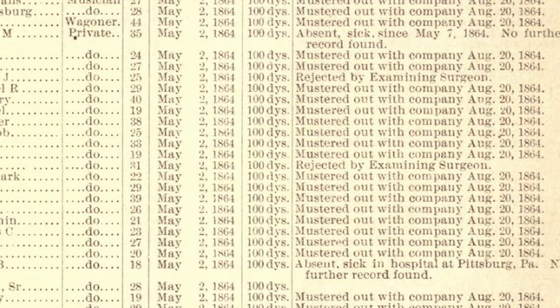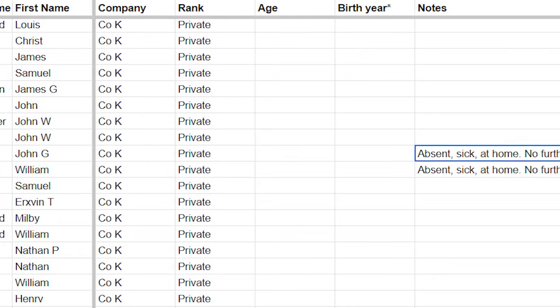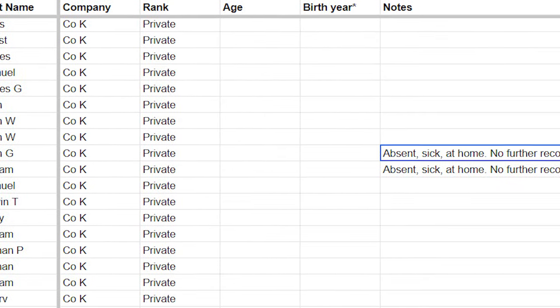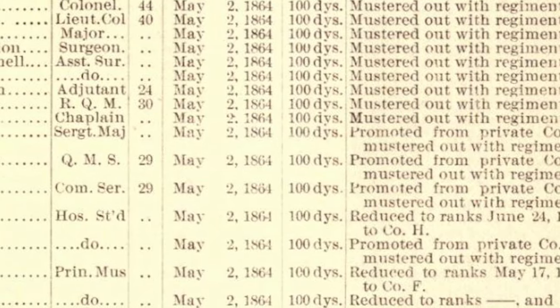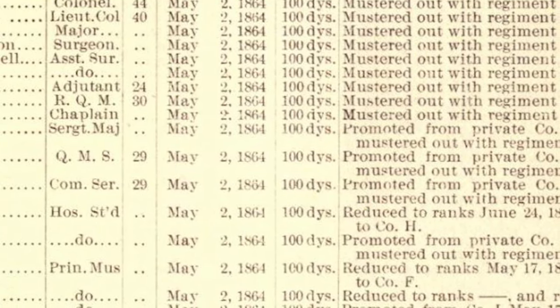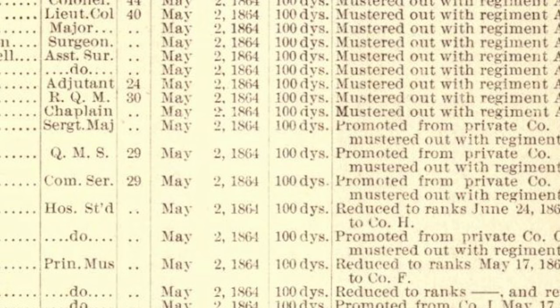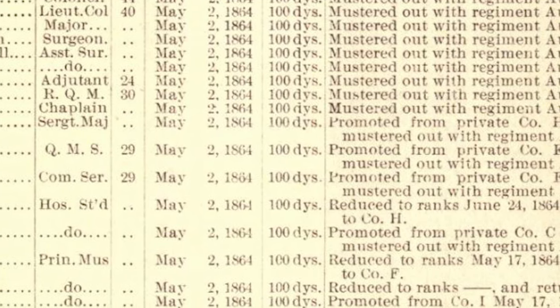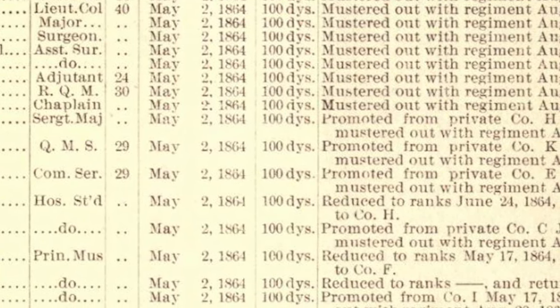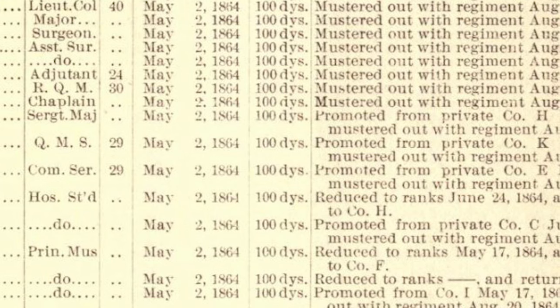I put those details in the notes field, because their discharge date is going to be different than everybody else's since they didn't serve the full time. There were also some notes in the roster about transferring between units, or promotions, or reduction in rank. If there was a transfer between units, I would put that information in additional service. I thought that was the best place for that.